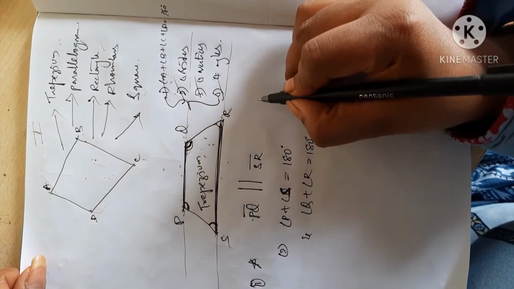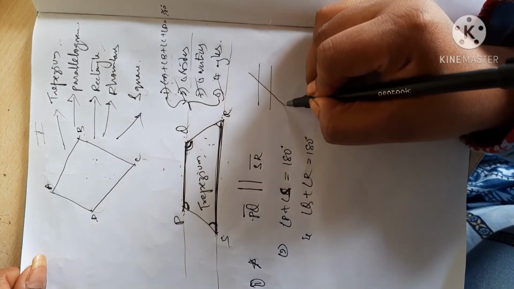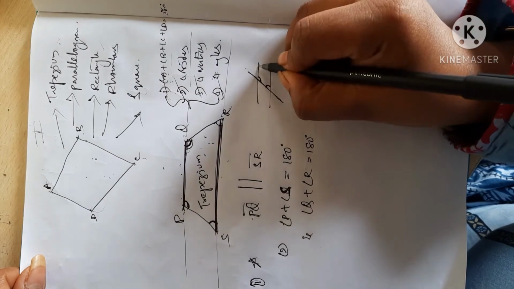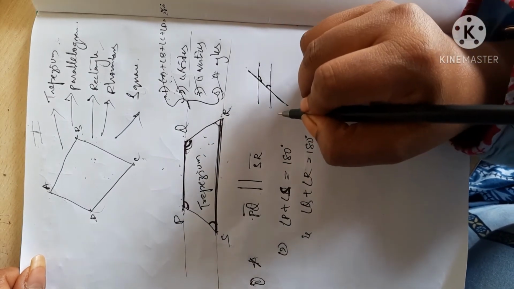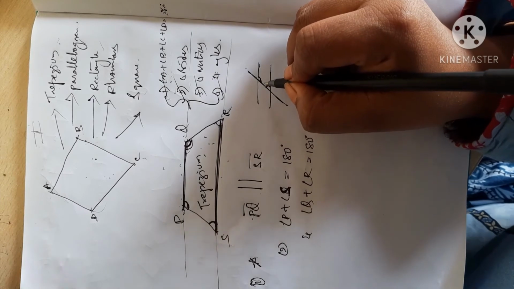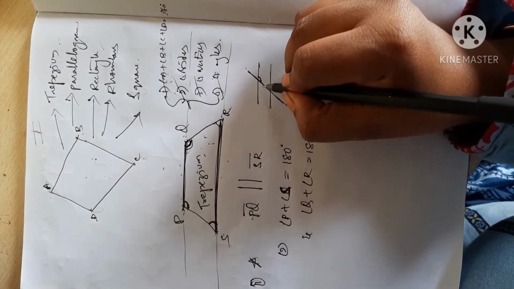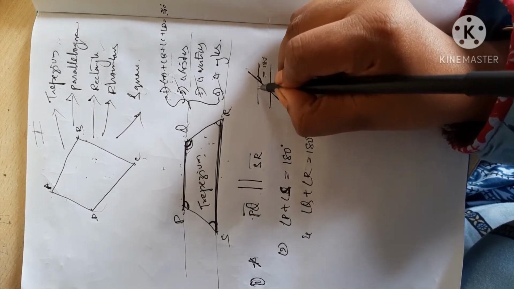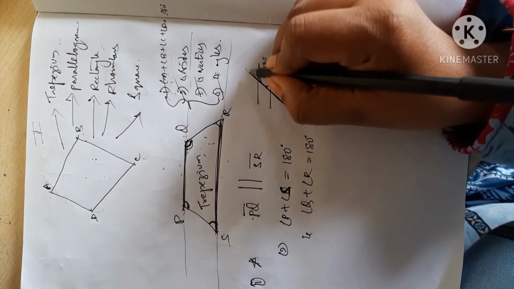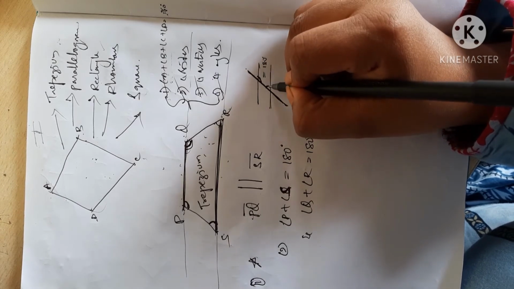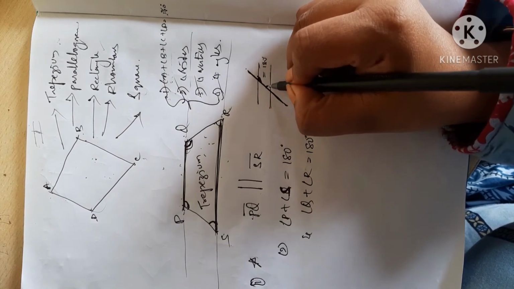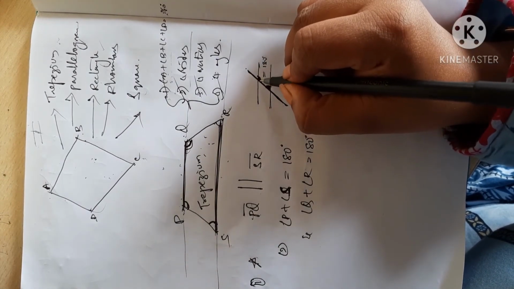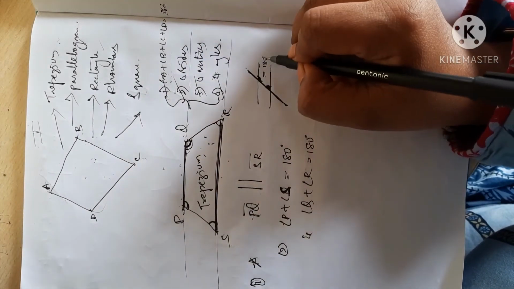We have learned already, when a transversal intersects two parallel lines, the sum of interior angles on one side of the transversal is supplementary. Here these two are interior angles, so the sum of interior angles on one side of a transversal is 180 degrees.